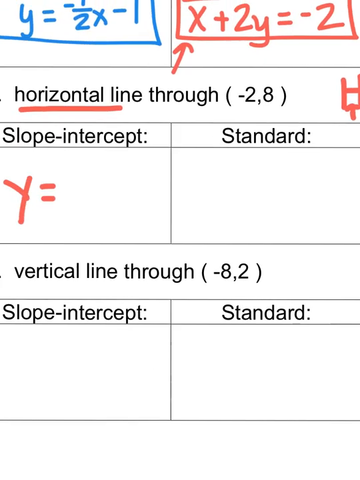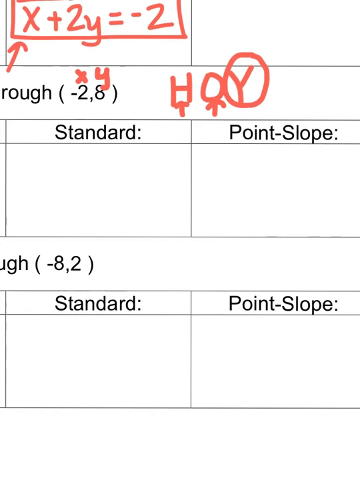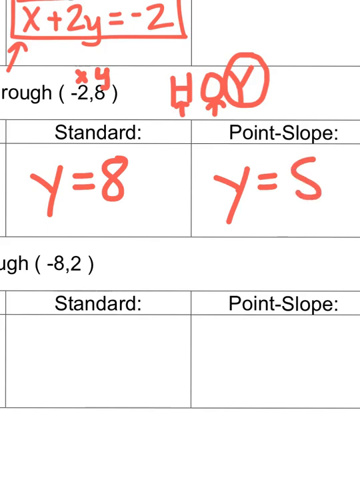Well, for our slope-intercept form, let's take a look. Remember, this is our x value, this is our y. So every y will have the value of 8. That will be our slope-intercept form, and let's just make it easy. Each of these, written most simply, will be y equals 8.